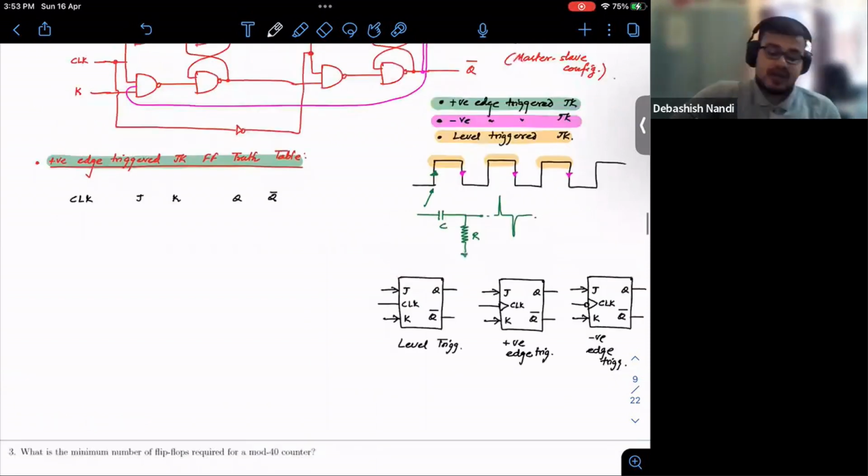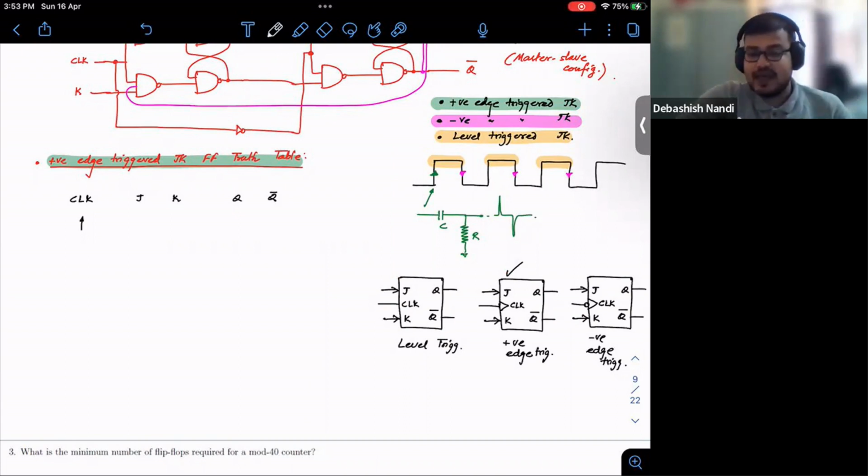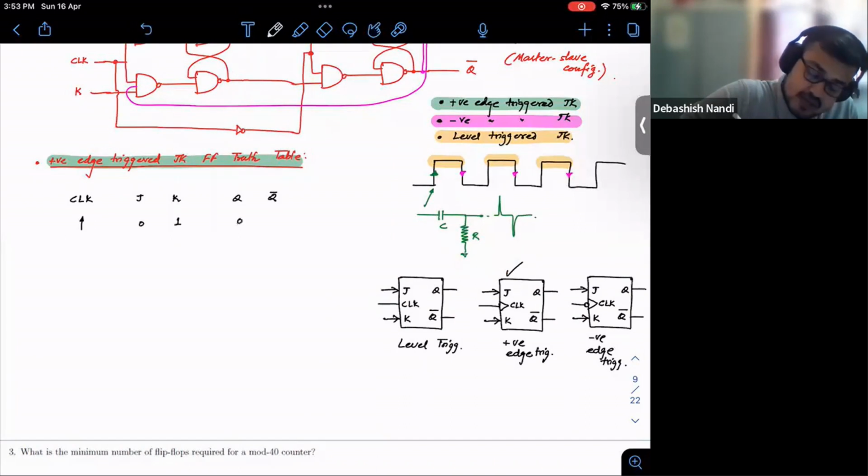Okay, so we are discussing this stuff right now. Whenever your clock is at positive edge, it samples the J and K inputs. Let me start with this. If both are 0, and let me say this is the n plus 1th sample, your output will remain Qn and Qn bar.